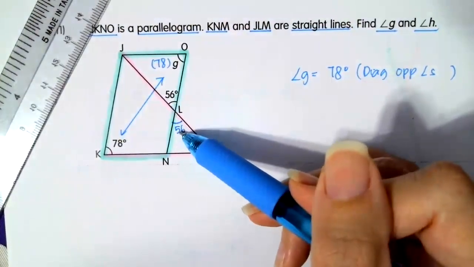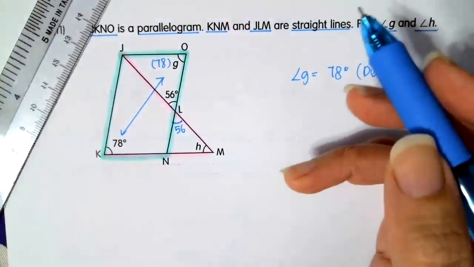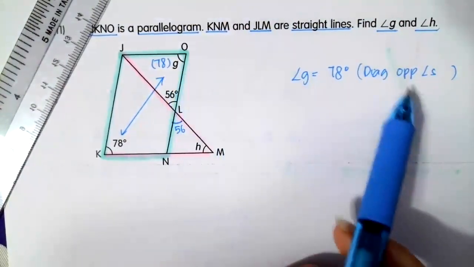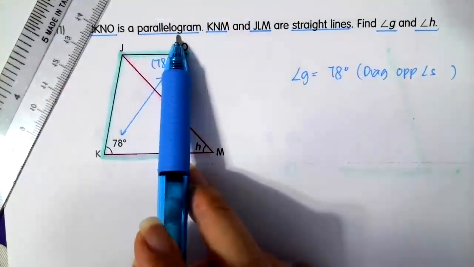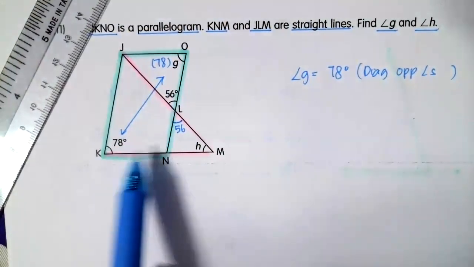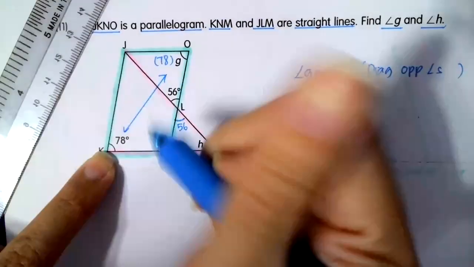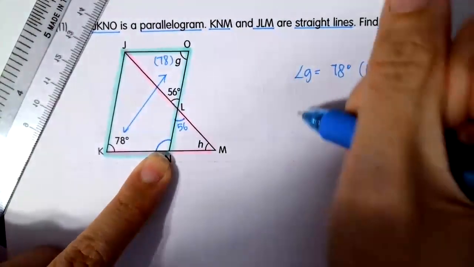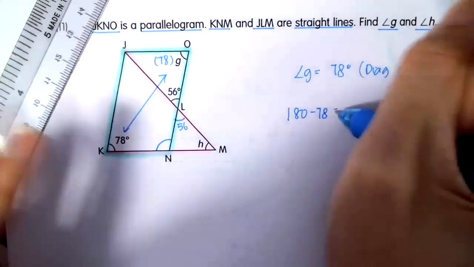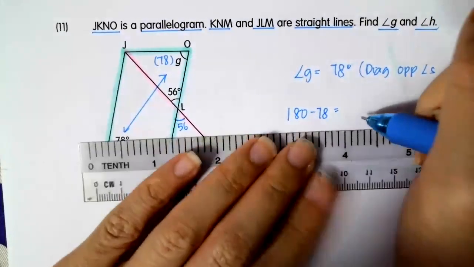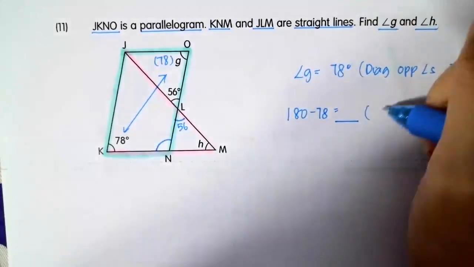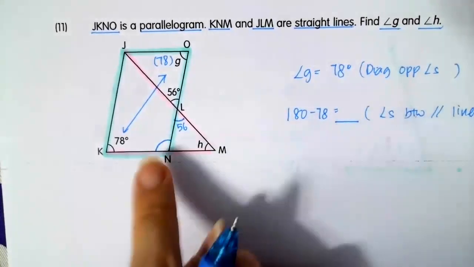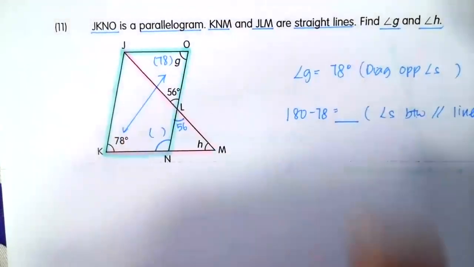Okay, so if this is 56, the next thing I can do is, okay, it is 78. Apart from diagonally opposite angles, in a parallelogram, I also have angles between parallel lines. So this 78, I can find this angle K and O here. Using 180 minus 78, I'll be able to find K and O using the rule angles between parallel lines. I can find this. Okay?